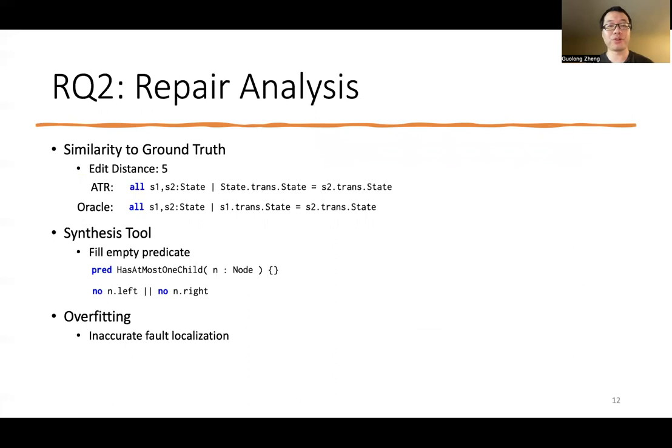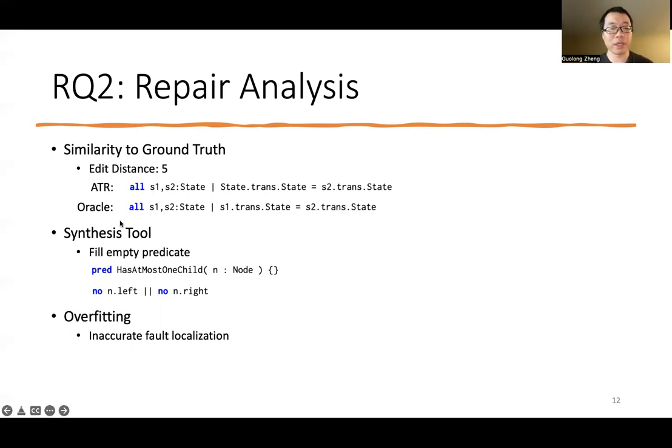For RQ2, we analyze the repair characteristics of ATR by the following criteria. The first one is the similarity to ground truth. We use the syntax edit distance as our metric, and ATR generates repairs that are 5 edit distance from the ground truth.